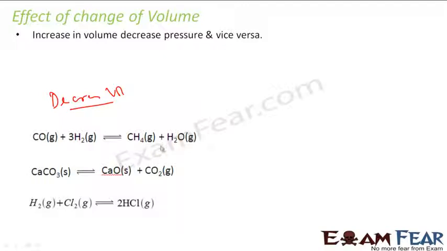With the same equations, taking 2 and 4, it will move in this direction, toward fewer moles. This you can ignore, this is 1, this is 0, so again it goes in this direction. This is 2, this is 2, so no change. So increasing pressure means decreasing volume, and increasing volume means decreasing pressure, both are the same.